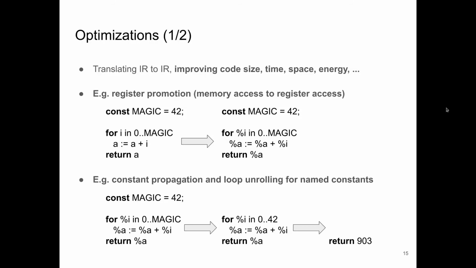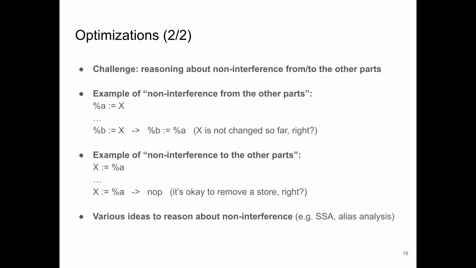One of the main difficulties in performing optimizations is the analysis of non-interference between other parts of the program. Let's see an example here. It is first reading from the memory location X and assigning the value into the register A, and it's performing other operations.